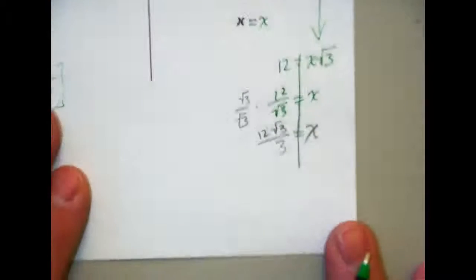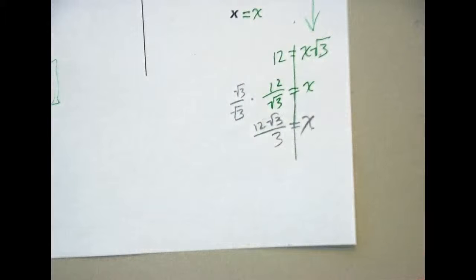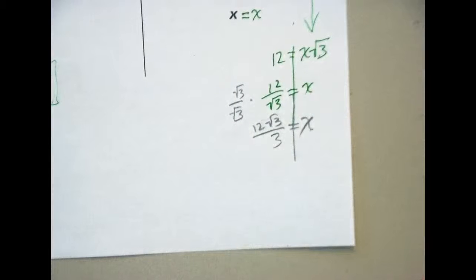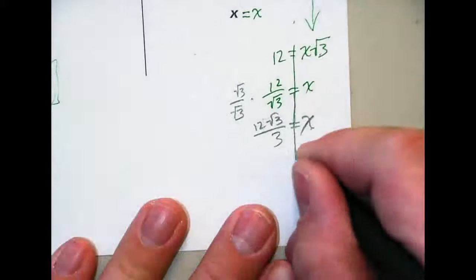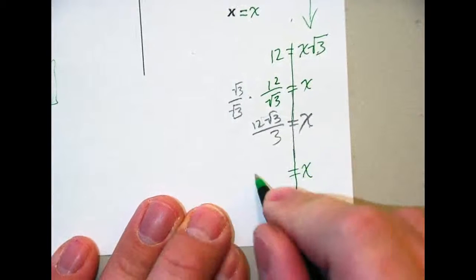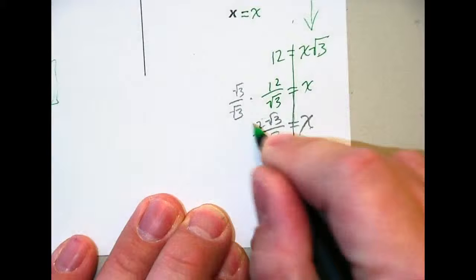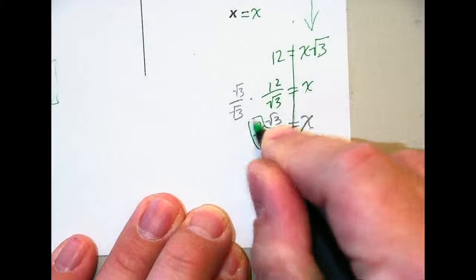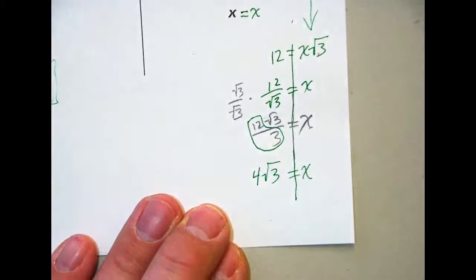So on the problem we're currently on, we have one more step. Everyone reduce it. What is it? 4 root 3. We reduce just the fraction piece, the whole numbers: 12 divided by 3, 4 root 3.